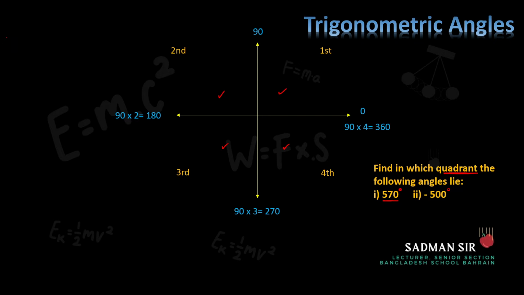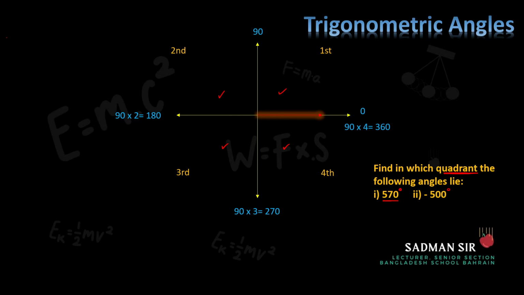Now we already saw that the initial ray is at the 0 degree line, and then it starts rotating, correct? And when it completes its rotation and forms the angle, either it is in the first, second, third, or fourth quadrant, or it is along one of the axes, right?